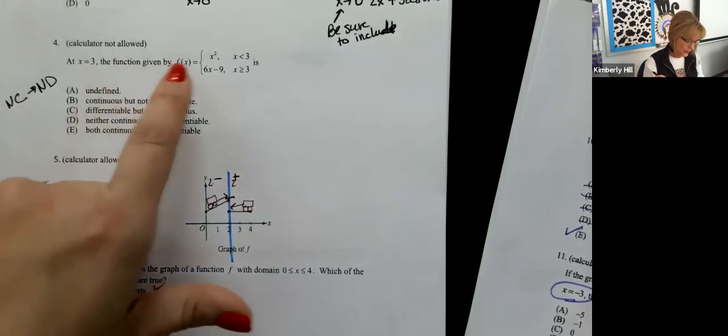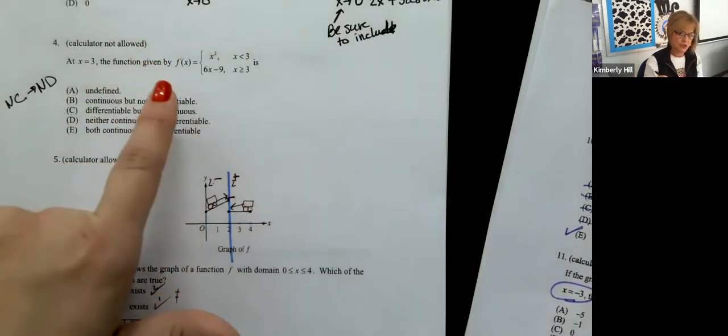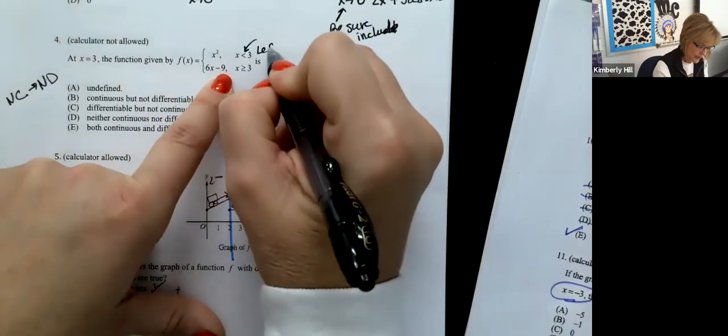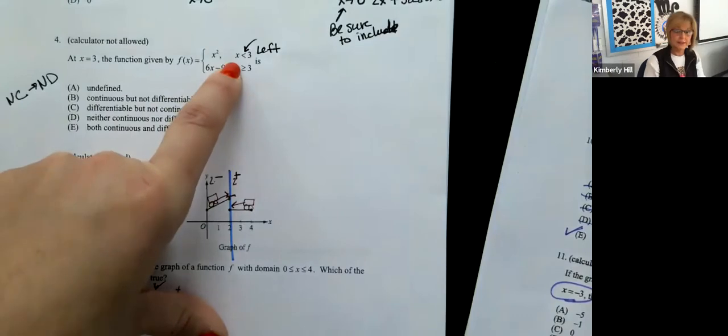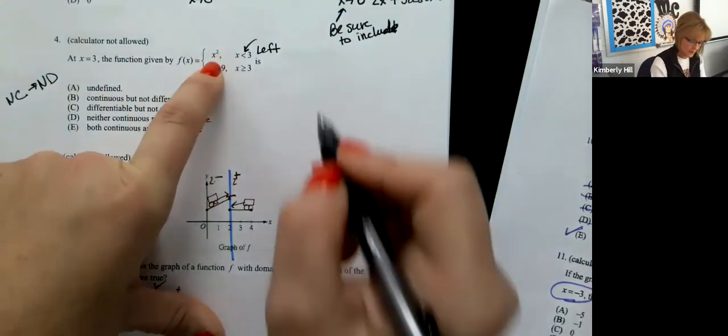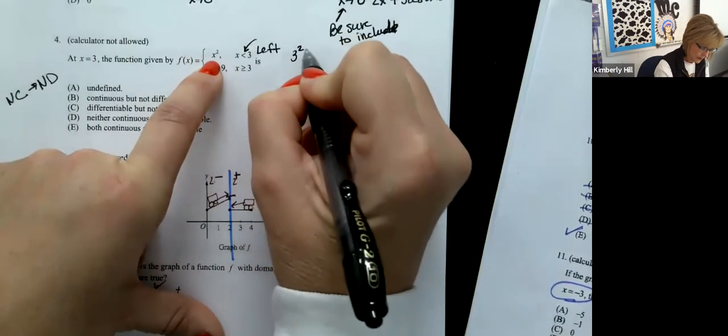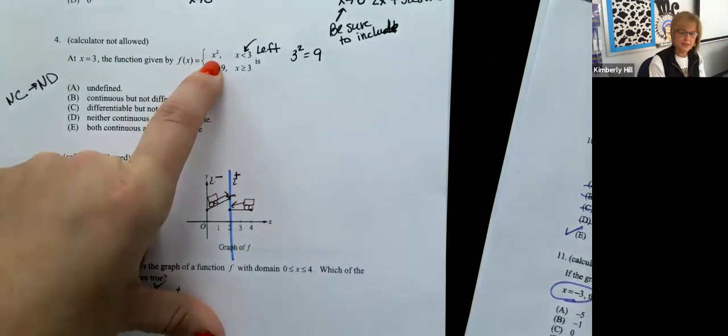So at x equals 3, we have a piecewise function. So that means when you have less than 3, as I come in from the left, what's my graph doing? So this is telling me from the left. So if I sub that in, it's coming into 9.